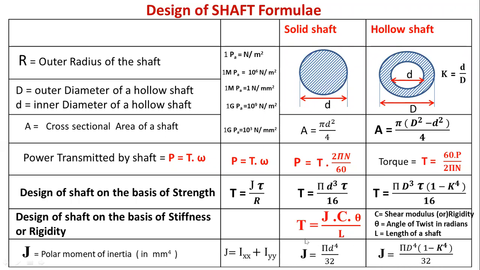Here J equals the polar moment of inertia. For a solid shaft, J equals pi d to the power 4 by 32. In a similar way, for hollow shafts, J equals pi D to the power 4 by 32 into 1 minus K power 4. Here K equals small d by capital D, inner diameter by outer diameter. So these are all important formulas for the design of solid and hollow shafts.